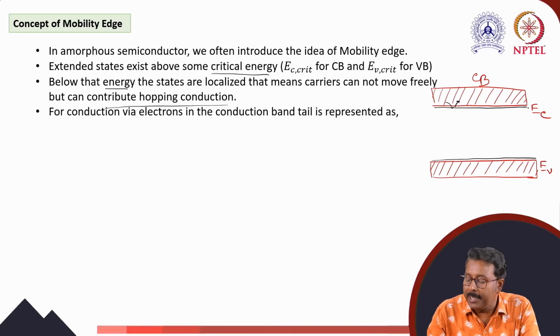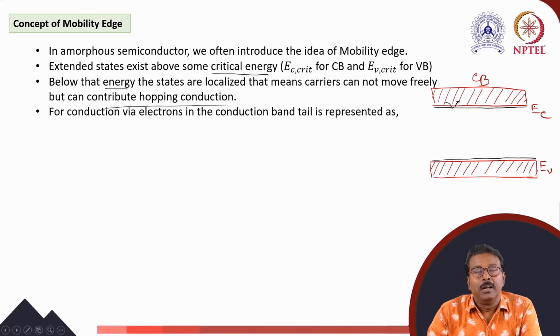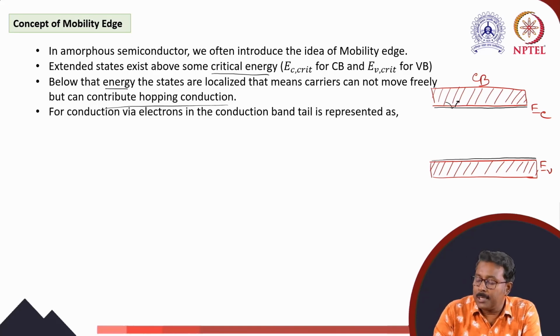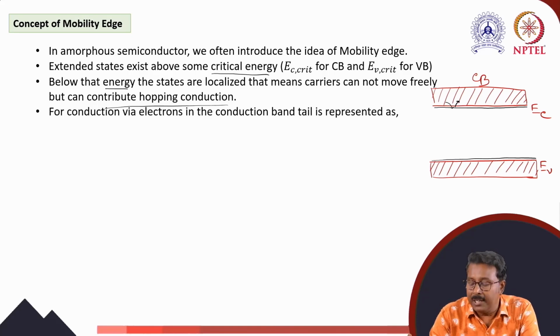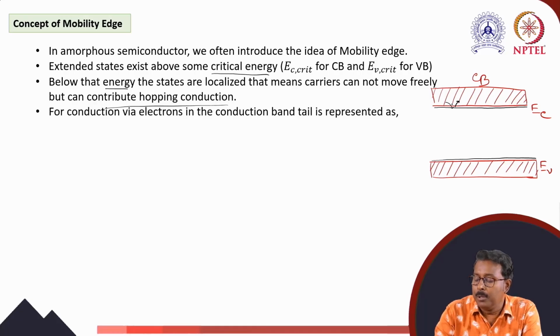So they may be treated as the edge of the conduction, that is, the edge of the mobility. So it has a certain critical value, E critical, above which, so this is the critical energy, EC critical.